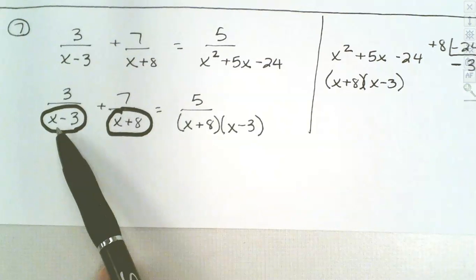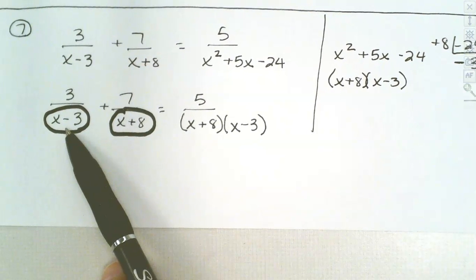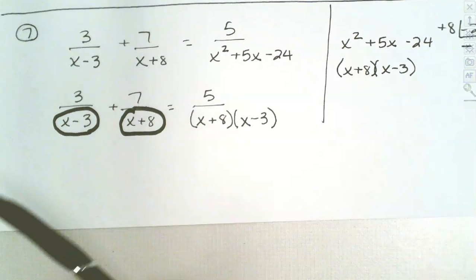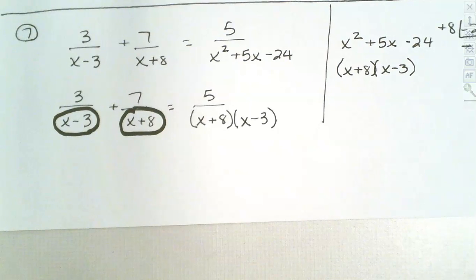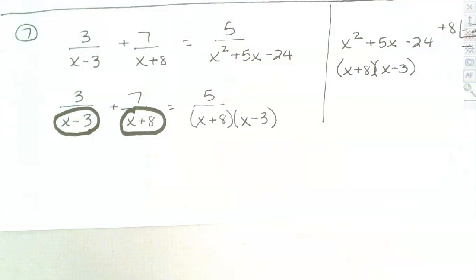What's going to give me division by 0 here? Just by looking at it, it would be x equals 3. Right? Why would x equals 3 not work? Let me write a bit here. Because if you plug it in here, see, that would give you division by 0 down below, wouldn't it?